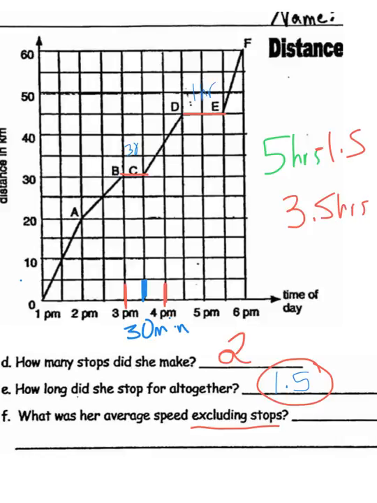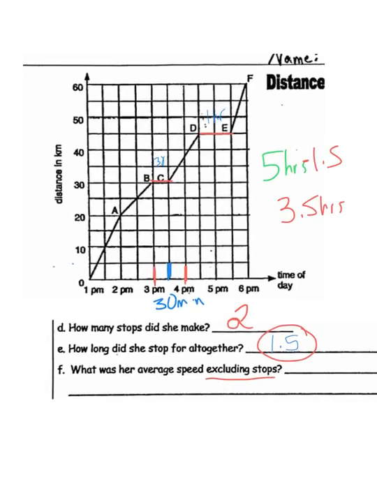So this is once again a speed problem. All right, speed equals distance divided by time. And we know that our distance, the total distance she traveled, remember that was 60. We had that for the previous problem. So 60 kilometers was how far she went.